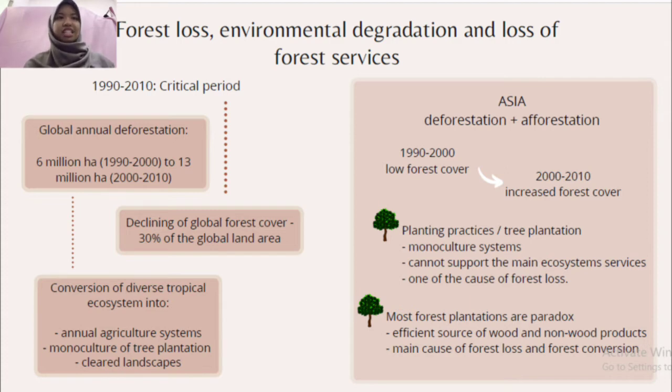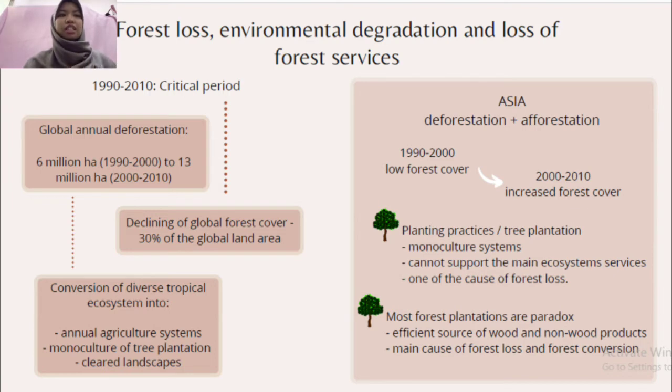This reversal of forest cover is due to successful planting programs in countries like China, Thailand, India, and also Vietnam. From this, we can see that planting practices help, but this tree plantation is actually a monoculture system.